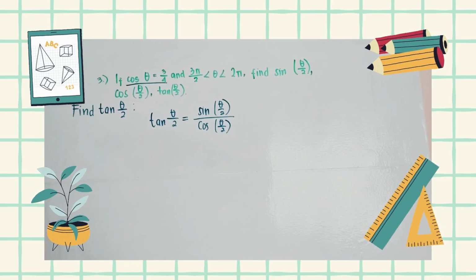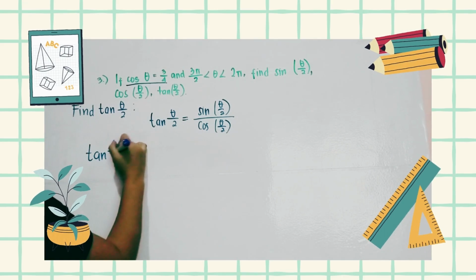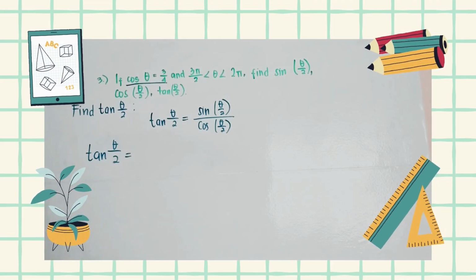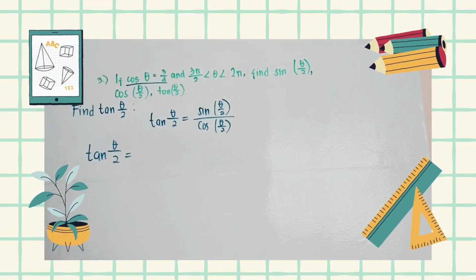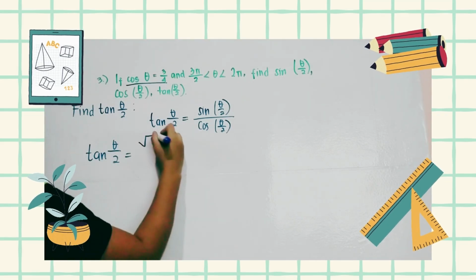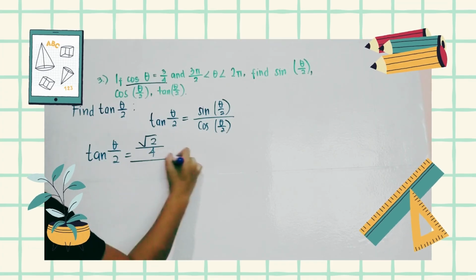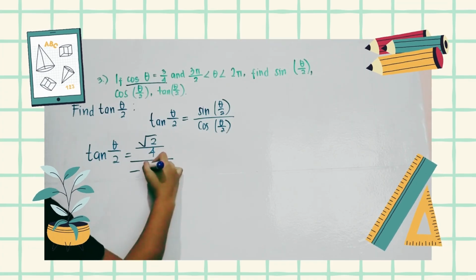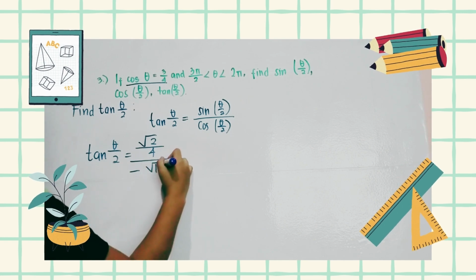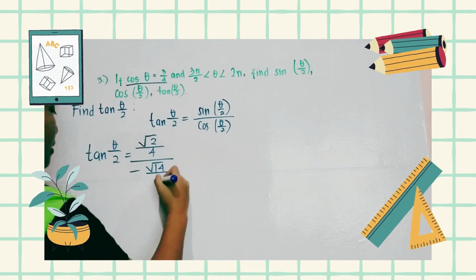Now let's plug them in the equation. Tangent theta over 2 is equal to square root of 2 over 4, over negative square root of 14 over 4.